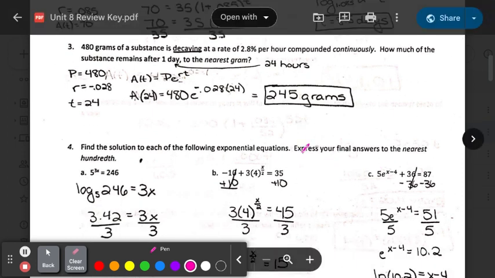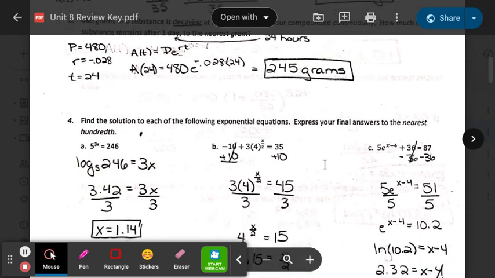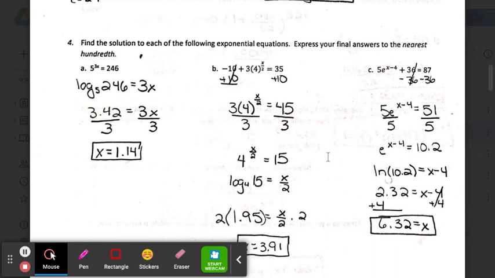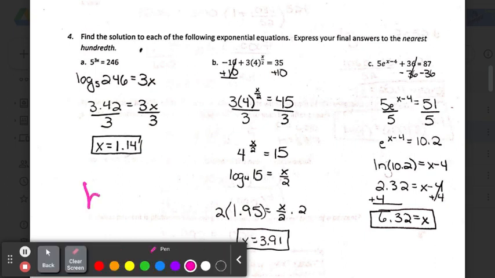Down here for solving, we are just isolating. You're using inverse operations, old school algebra, to get base exponent equals number, because in all of these problems, you're solving for the exponent.